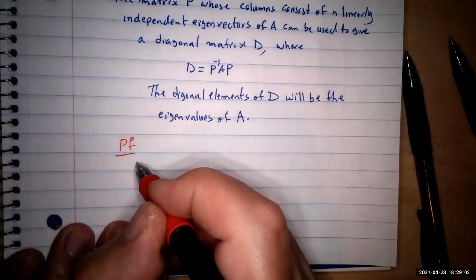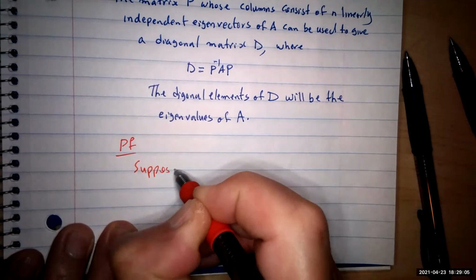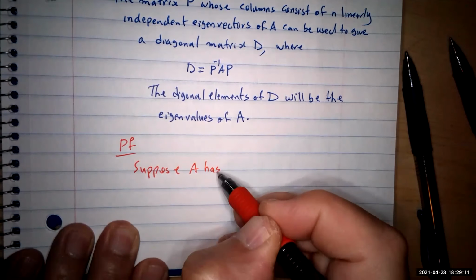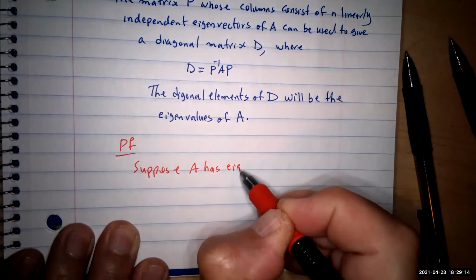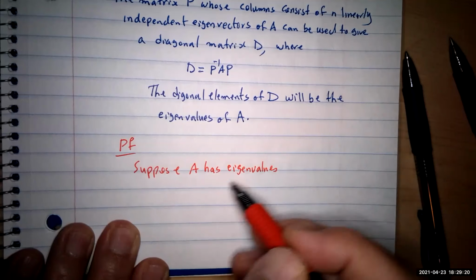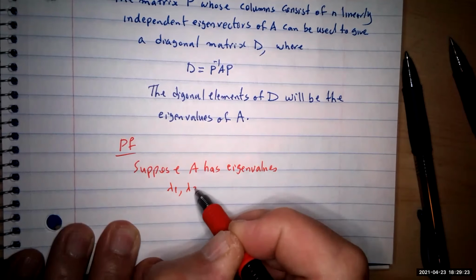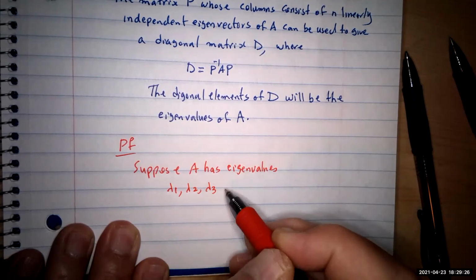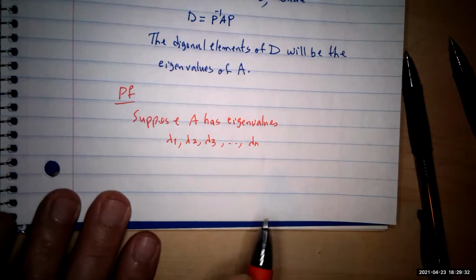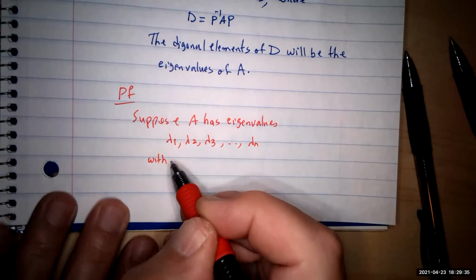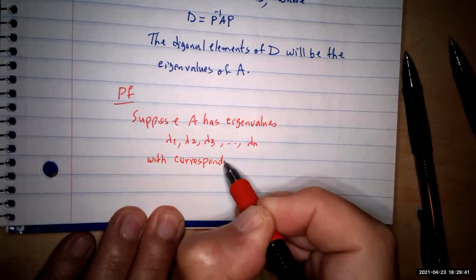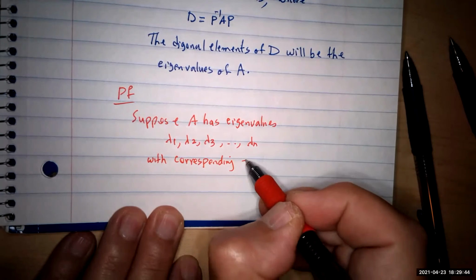So suppose A has eigenvalues lambda 1, lambda 2, lambda 3, up to lambda n, with corresponding eigenvectors.